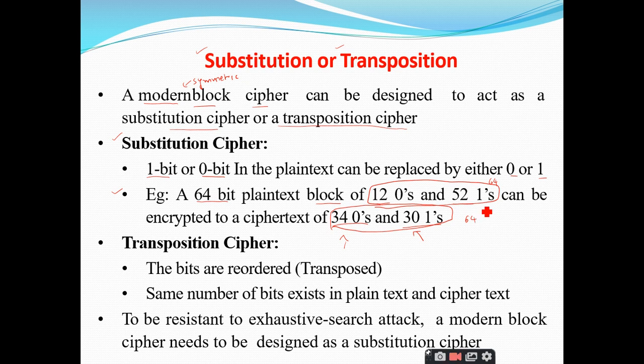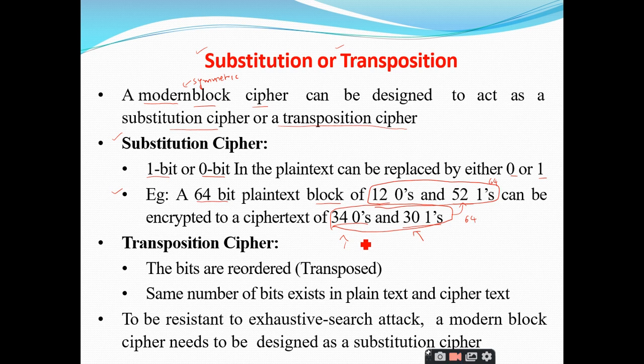It is not possible, sir. Why? Because 34 zeros and 30 ones does not have any relation with the number of zeros and ones in the plain text, right? The substitution cipher is going to change the bits from one value to another value.